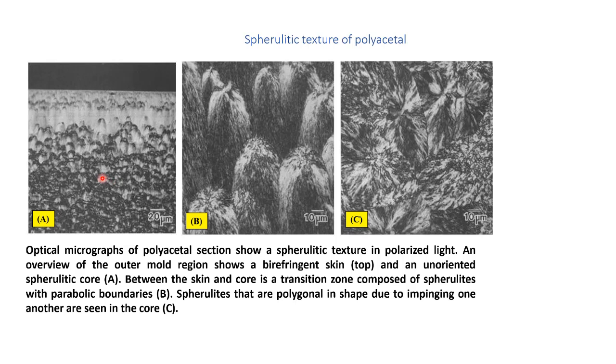This is the core, which is not at all oriented, and this is the skin, and this is the outer zone. Between the skin and the core, in the transition zone, we can see this image. And the third is the spherulites that are polygonal in shape, which can be seen in this figure.